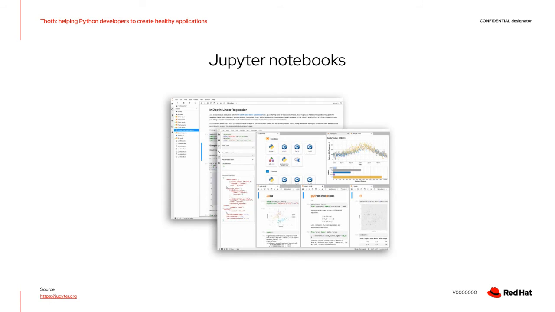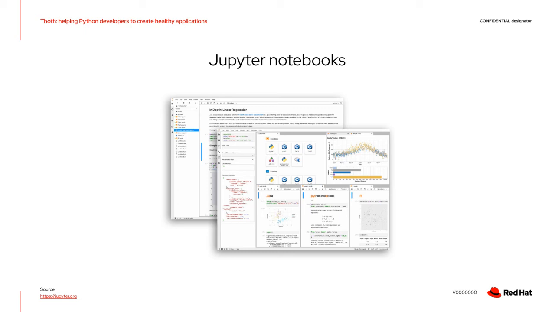Another integration point with Thoth are Jupyter notebooks. Jupyter notebooks are a quite popular data science toolbox. It provides you an environment where you can easily experiment with data and present your results.